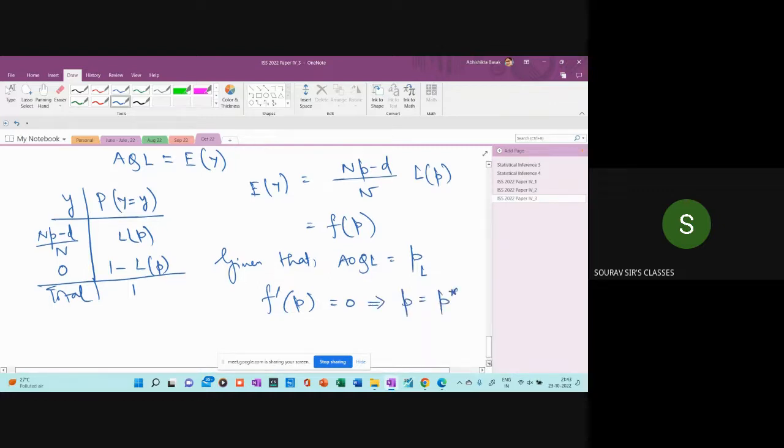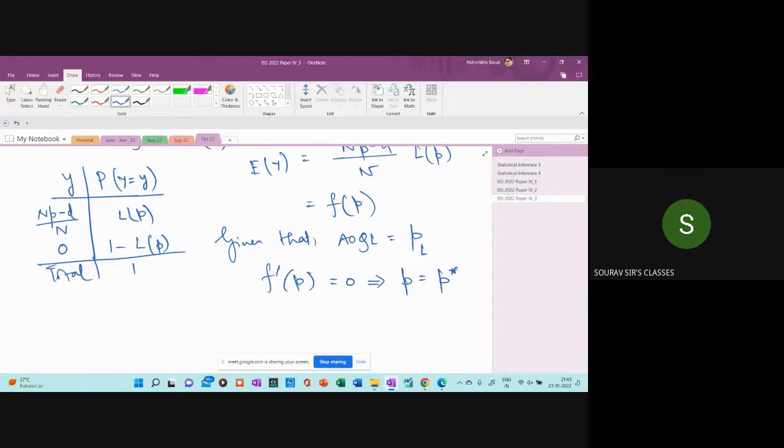After equating the first derivative, we get P star, the value of P for which the function is maximum.